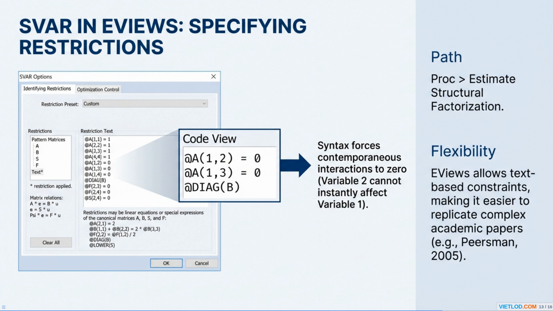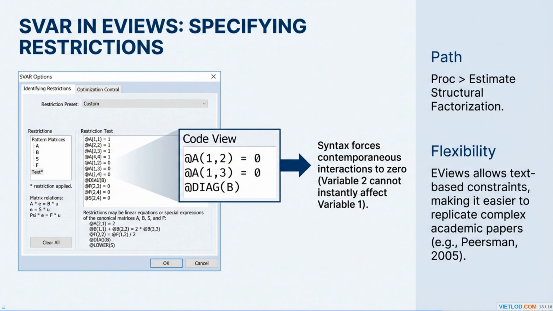To specify an SVAR in EViews, you first estimate a standard VAR, then go to Proc, Estimate Structural Factorization. EViews provides a flexible text-based system for entering restrictions on the A and B matrices.